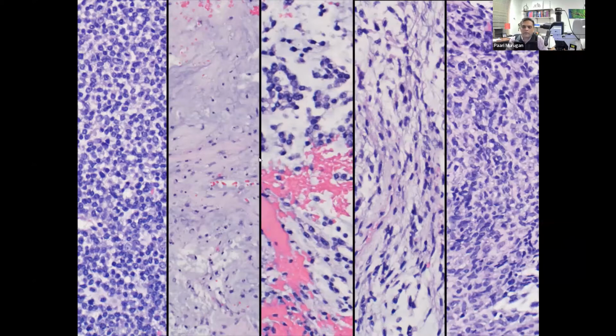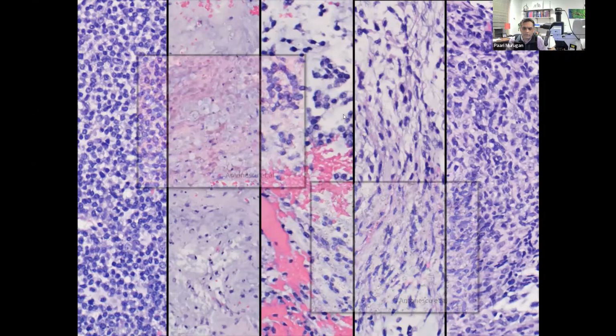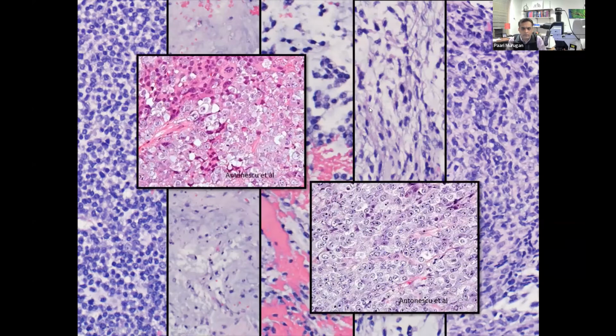Dr. Antonescu also showed in their publication that many of these cases can have epithelioid morphology, as you can see here. It's very easy to mistake these for poorly differentiated carcinomas. Of course, they are not going to be positive for cytokeratin, but at least morphologically, they may resemble carcinomas.